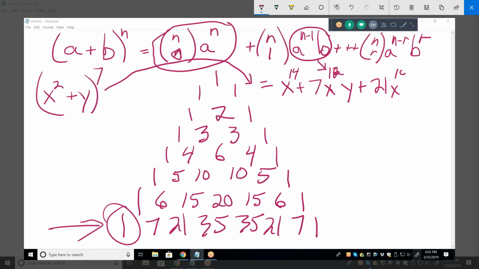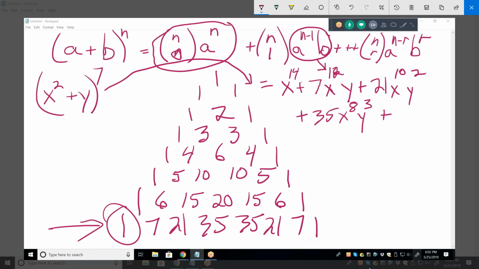Yes, now you're getting the pattern down. y what? y squared. Okay, plus 35x to the 8, and then y to the 3.